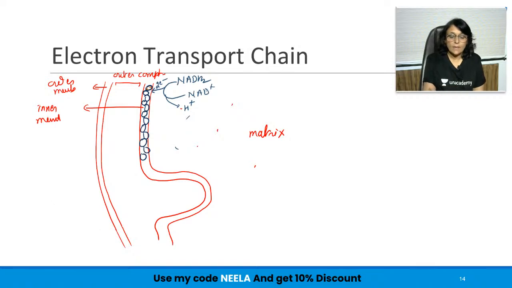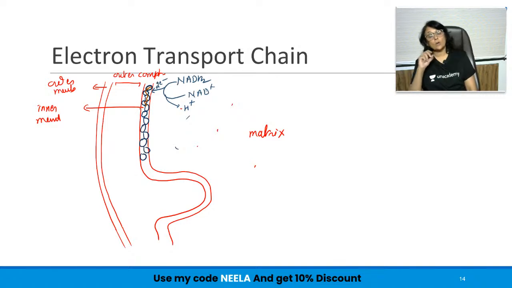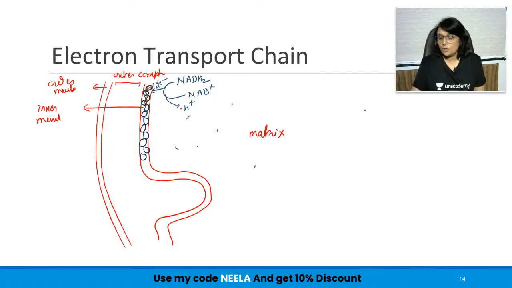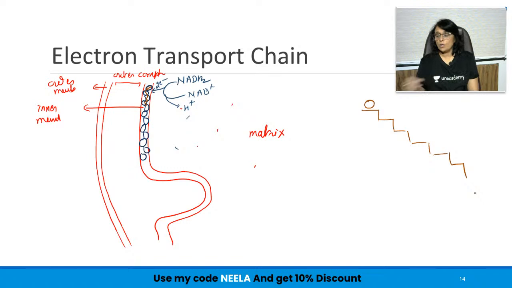When the electrons pass through these proteins, the electron is moving from a higher energy level to a lower energy level. So when it goes from higher to lower energy level, it will release that extra energy. See, suppose these are steps, and you have a ball which you want to come down to the lower point.